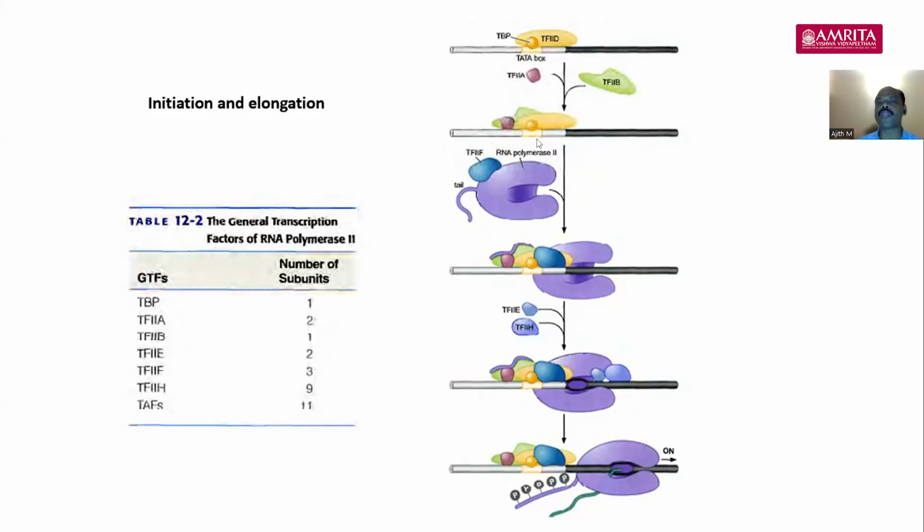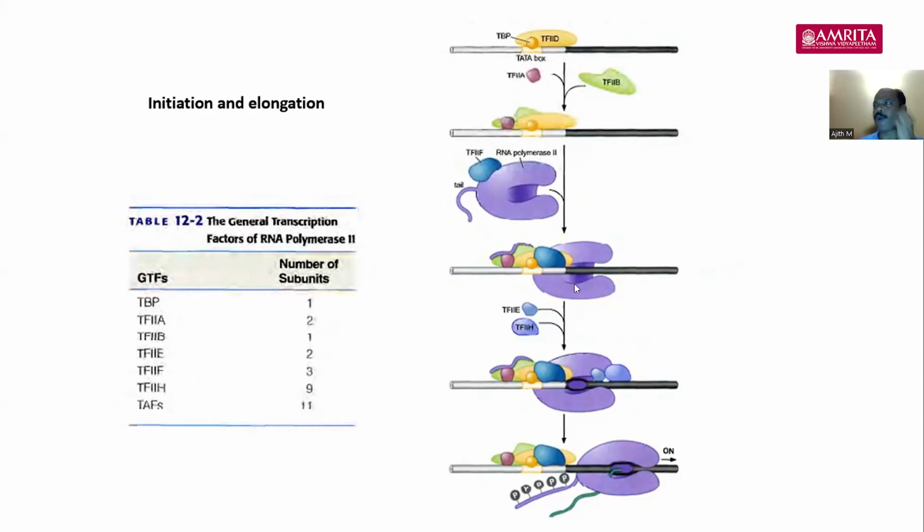Then another 2 proteins go and identify the promoter. So it is not a single identification as in the case of prokaryotes. Different proteins identify the promoter. Once the promoter is coated with the correct proteins, the polymerase is recruited. The word is called recruitment by TF2F. It brings the polymerase and attaches it to the promoter.